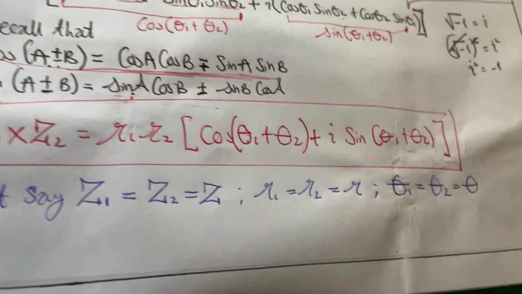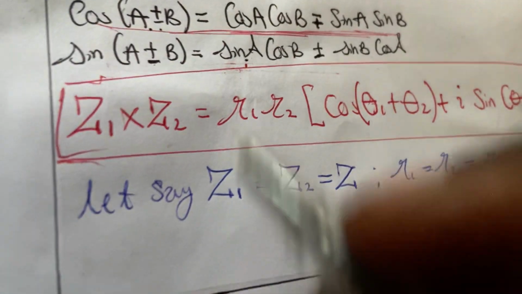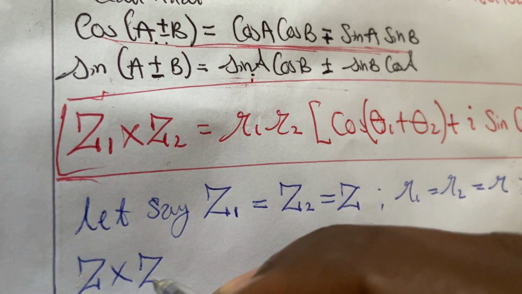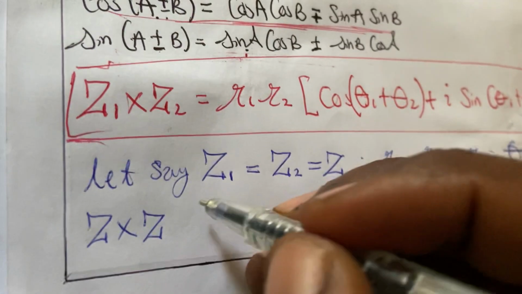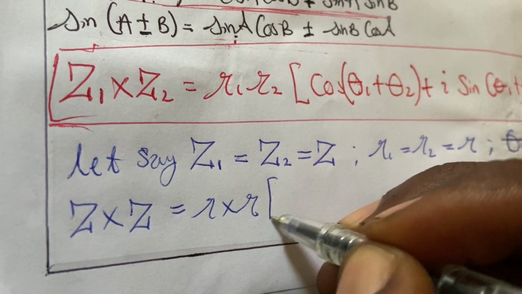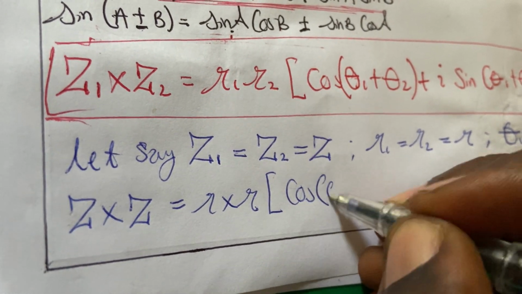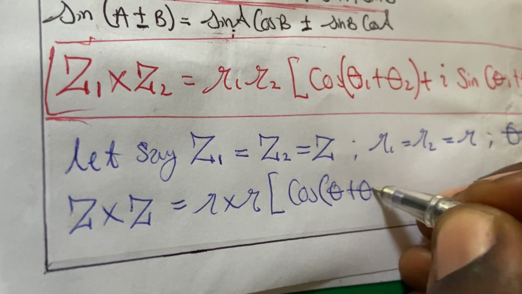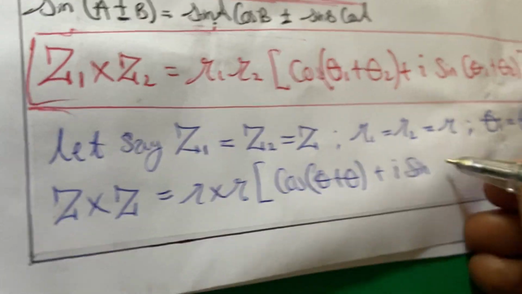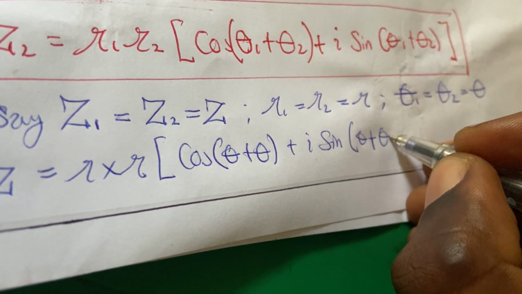Having assumed this, z1 times z2 is now z times z equals r times r cos theta plus theta plus I sin theta plus theta.